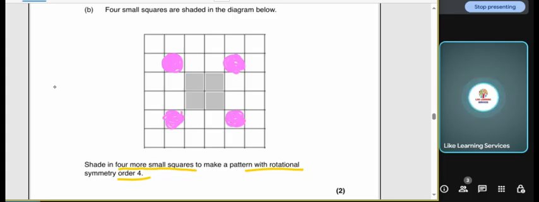Think about it. Will it produce order of rotational symmetry 4? Yes. Because we need 4 more shadings so that we produce that.